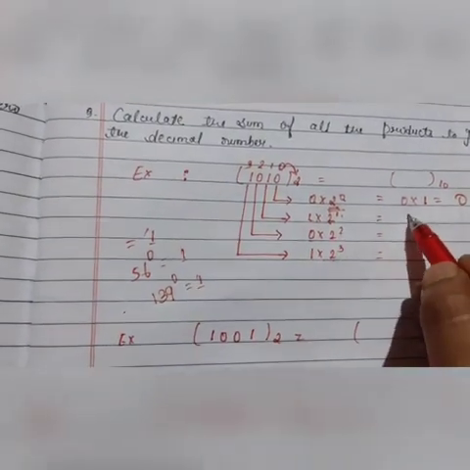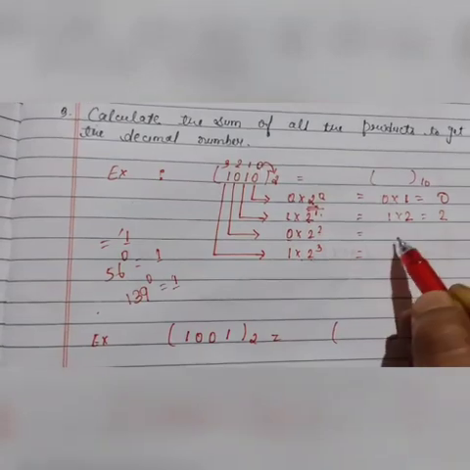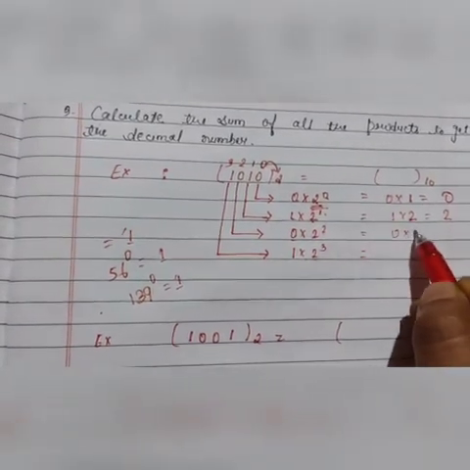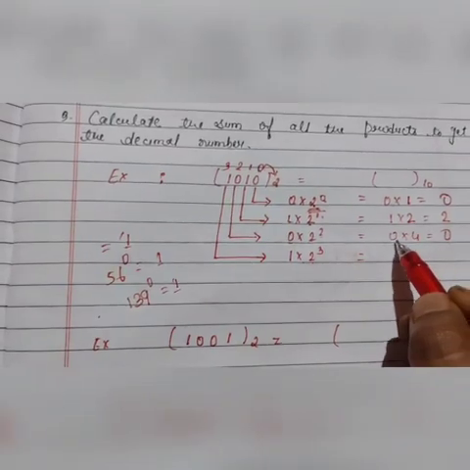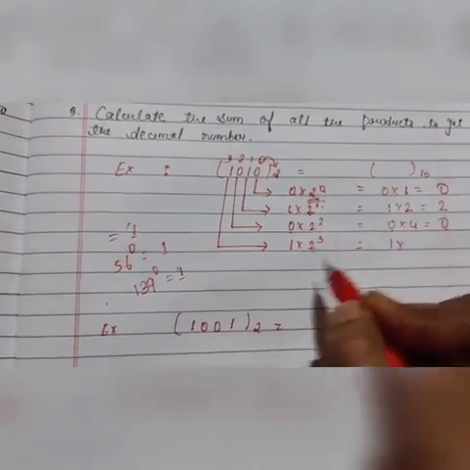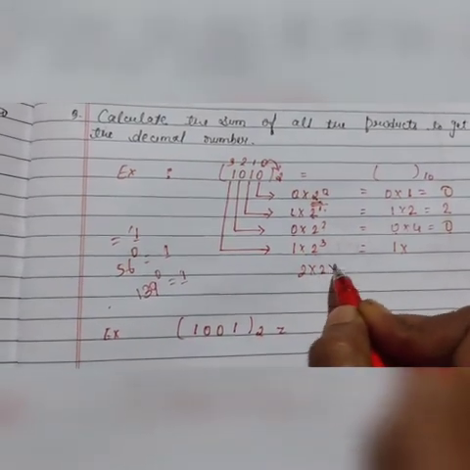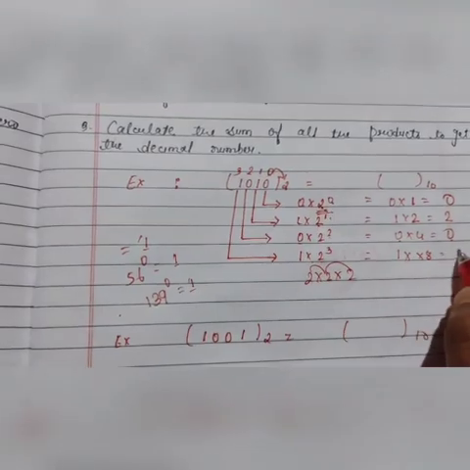Next, 1 into 2 to the power 1, that is 2. 0 into 2 to the power 2, the value will be 0. Any digit we multiply with 0, the value will be 0. 1 into 2 to the power 3: 2 times 2 is 4, 4 times 2 is 8, then the answer is 8.